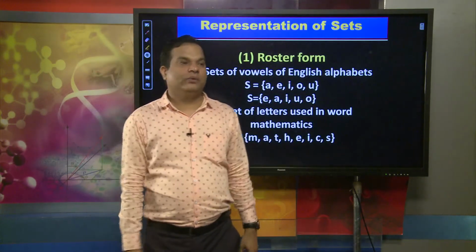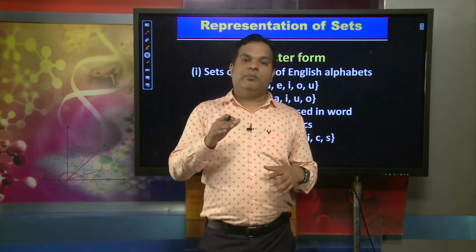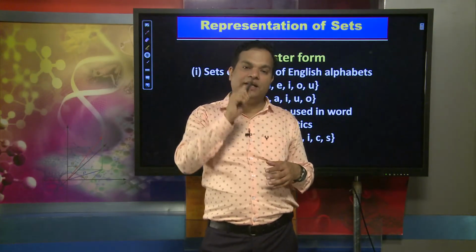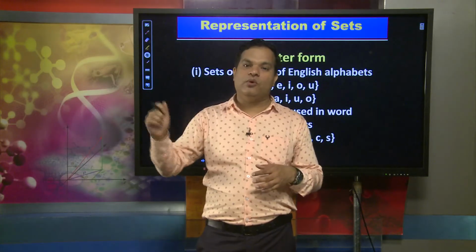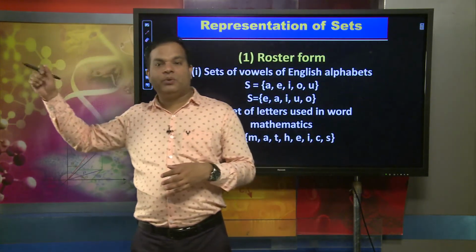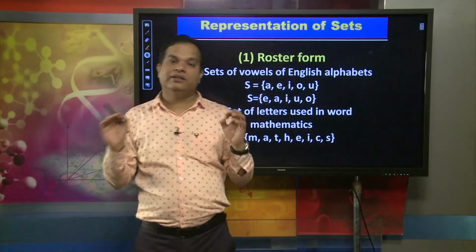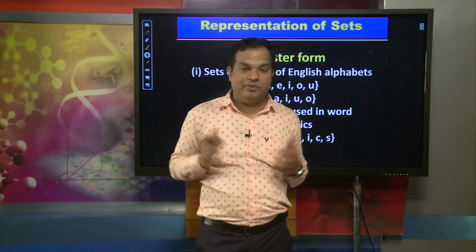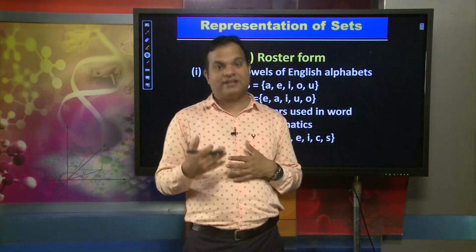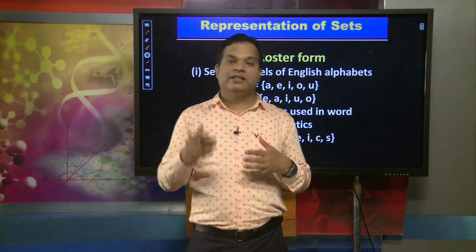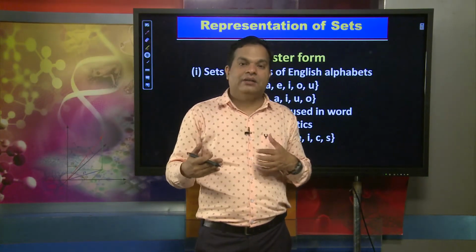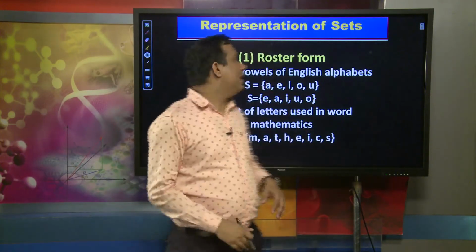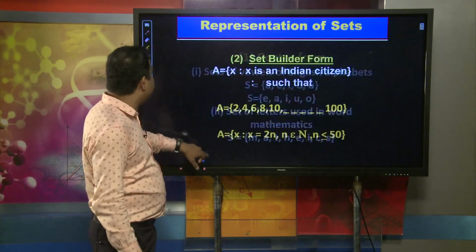Suppose I would like to write the natural numbers from 1 to 100. If I write 1, 2, 3, 4, 5, 6 up to 100, it is also quite difficult, it will take 3 pages. So, in order to eradicate such situations, there is another technique to write, or represent, the set, that is known as the set builder form.